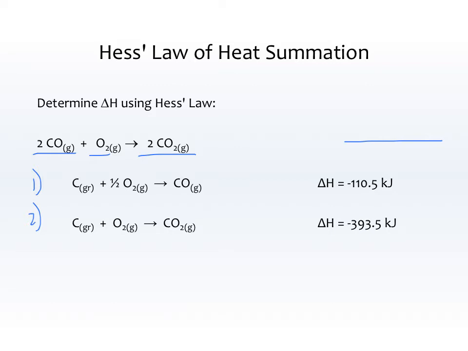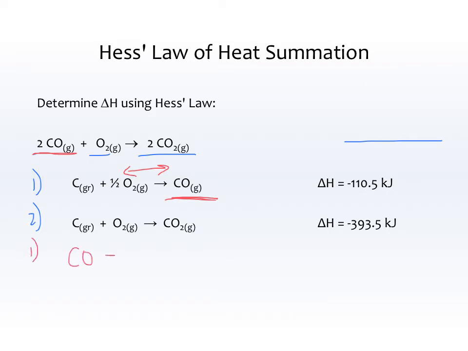So we're going to rearrange reaction 1 and 2 to get the overall reaction from the top. Notice the overall reaction from the top has carbon monoxide as a reactant. Notice the only carbon monoxide in the reactions at the bottom is on the product side. So this reaction is going to have to be reversed. So we're going to rewrite it in reverse order.